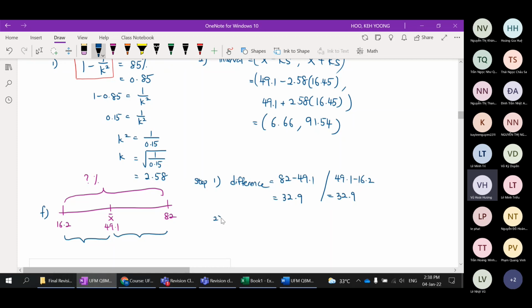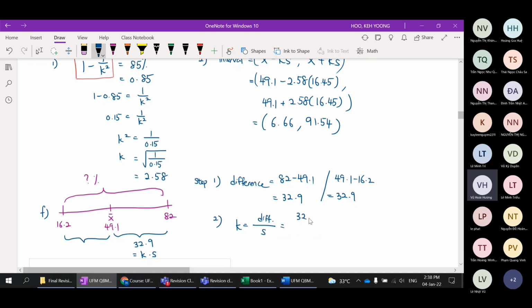Okay, step 2. We know that the difference is now 32.9, but this equals how many k times standard deviations? We need to know the k value: how many standard deviations away from the mean in the middle? To find the k, we take the difference divided by the sample standard deviation.